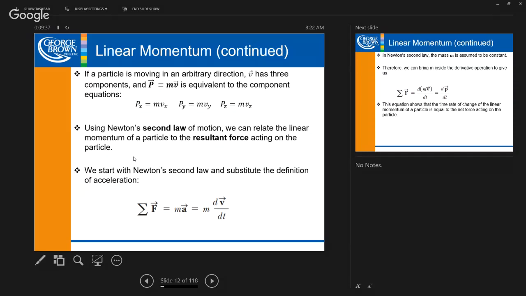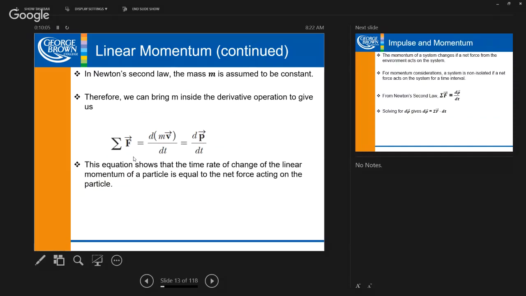Okay, so going back to this, you've got these components of momentum, and you can also say the sum of all forces is equal to ma, and if we replace acceleration with the change delta v over delta t, right? Because you can switch things up a little bit. Acceleration is dv over dt, the rate of change.